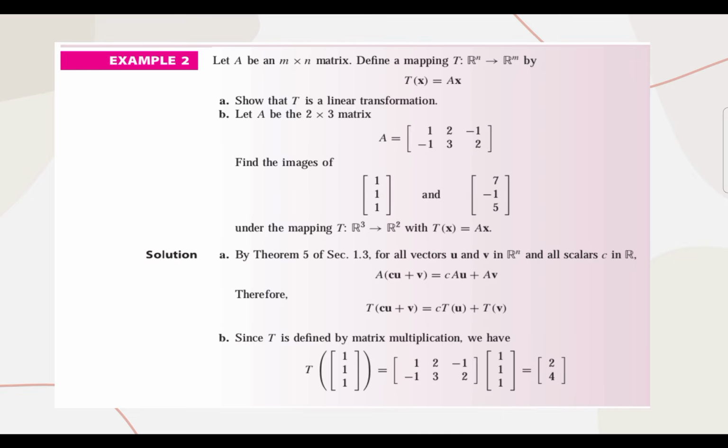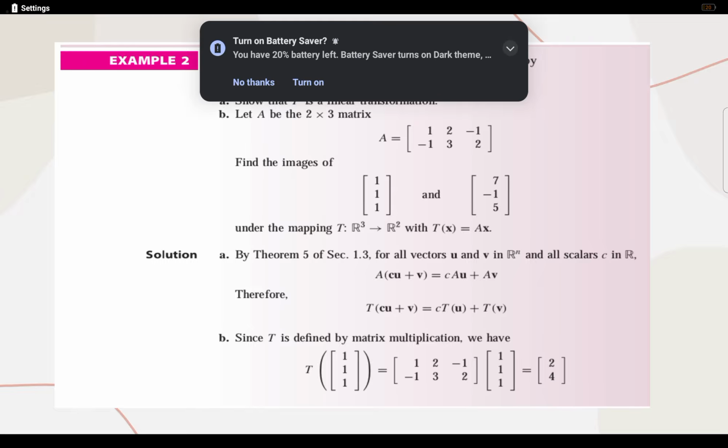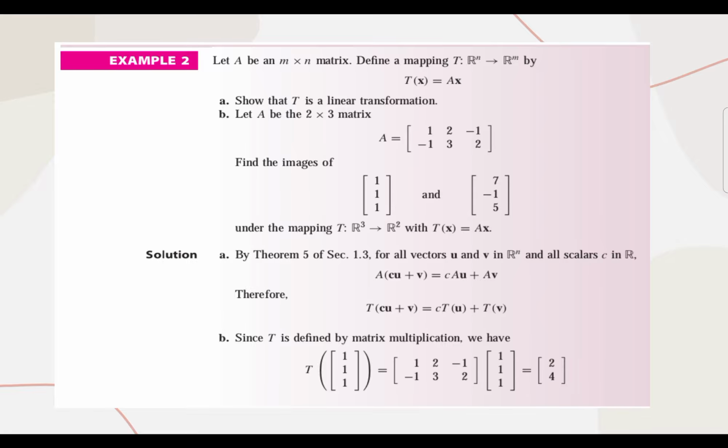So, the solution of A. To show that T(x) = Ax is a linear transformation, we use the properties of matrix-vector multiplication for any vectors u, v, and scalar c. So, we have A(cu + v) = cAu + Av.